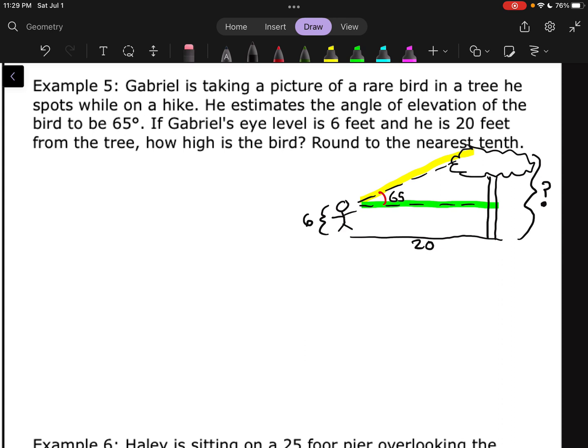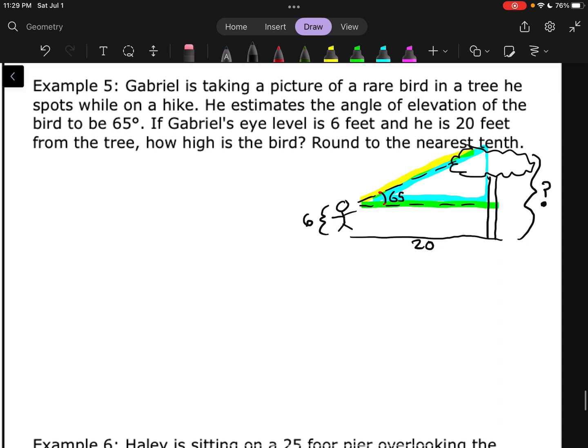The problem is that we can't find that directly, because the triangle we're going to be working with is this blue triangle right in here. The thing we're trying to find is not a part of that triangle.